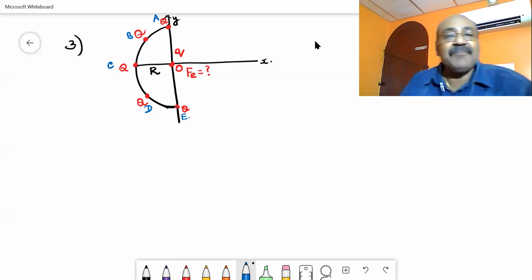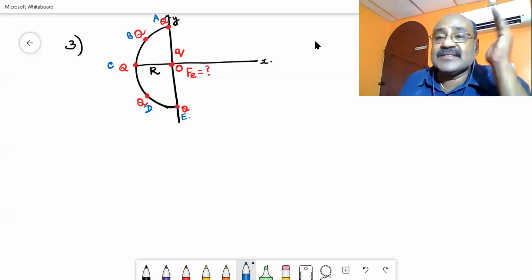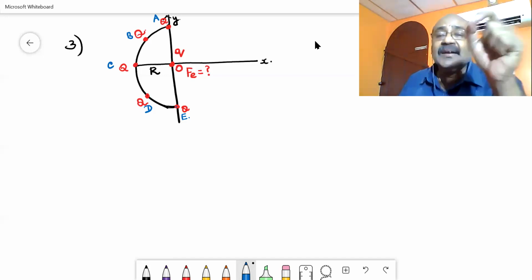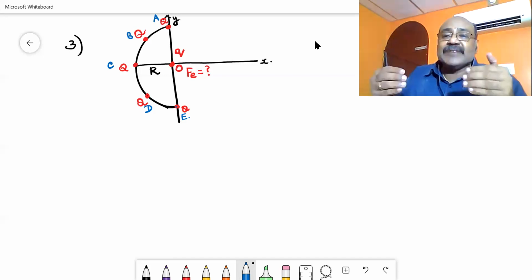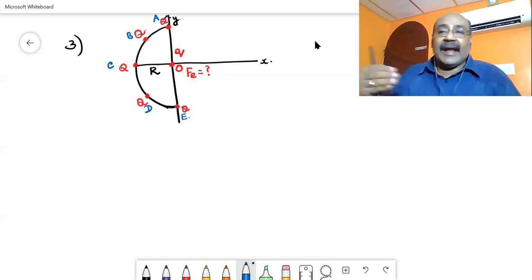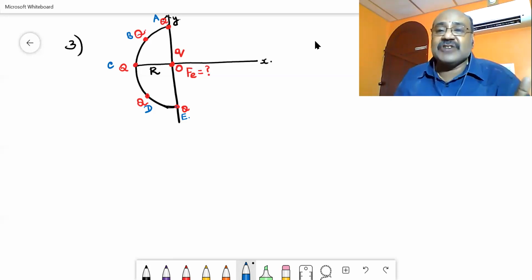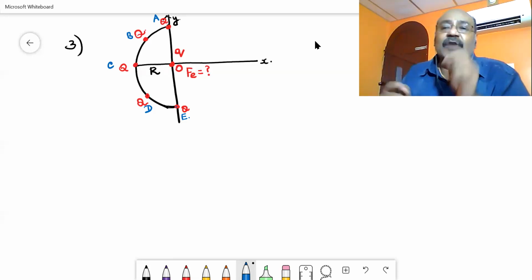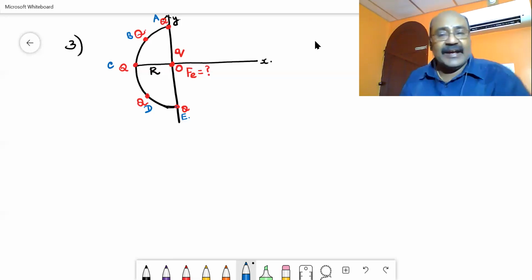How can you say this? Due to the charge Q at A, a force will be experienced on this small charge q. Already, when Coulomb's law was studied, it was stated that the force between two point charges acts along the line joining the two charges, and is repulsive if both are of the same nature, and attractive if both are of opposite nature.